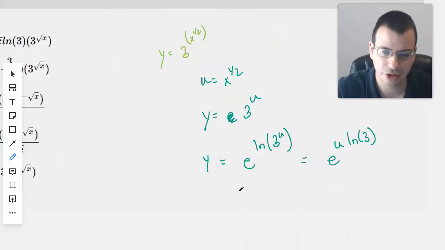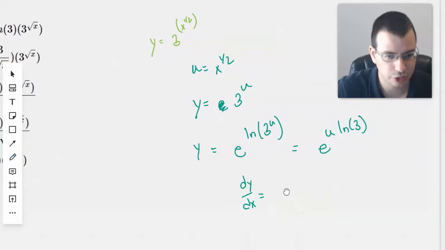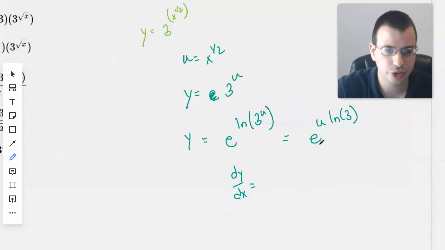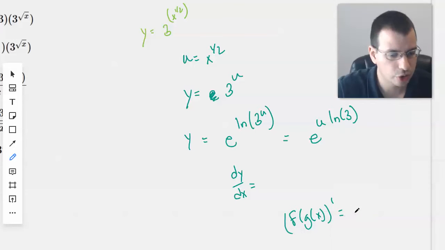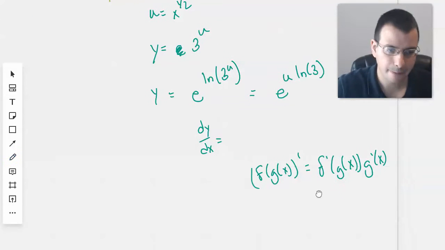Now we're going to take the derivative of y. So dy dx equals, and this is going to be the chain rule. The derivative of f of g of x, prime, equals f prime of g of x times g prime of x. You can probably do this part in your head, but it's good to have it shown explicitly at least once.